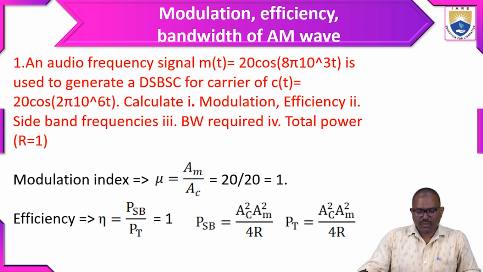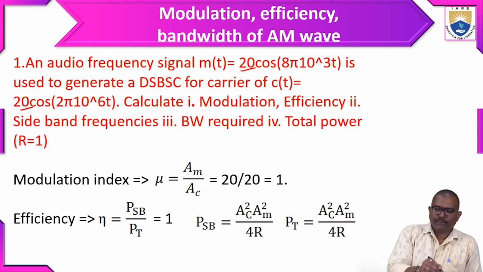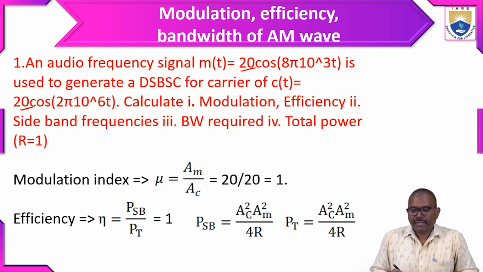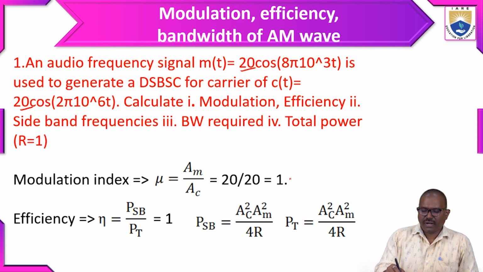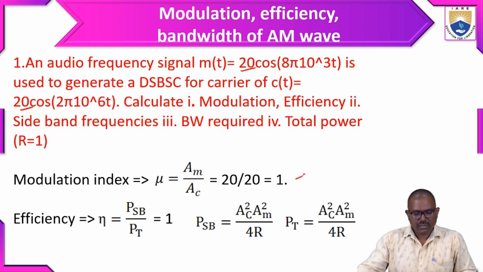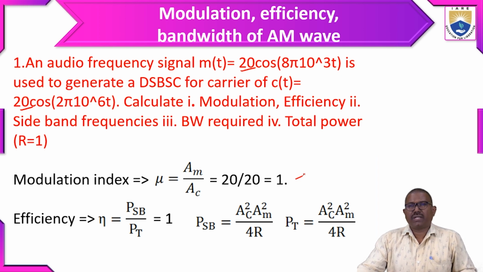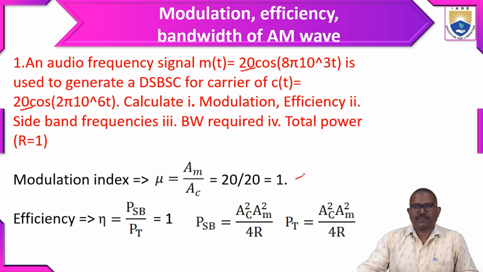The modulation index formula is mu equal to Am by Ac. Simply you can find it: both have 20. The standard equation to represent m of t is Am cos 2 pi fm t, and the standard equation c of t equals Ac cos 2 pi fc t. By using those two, you find the modulation index is 1, which means perfect modulation.